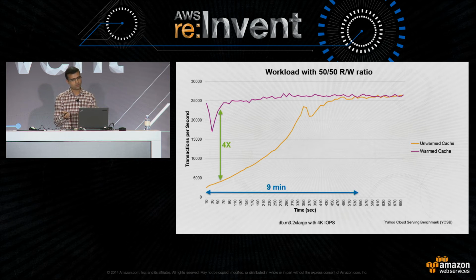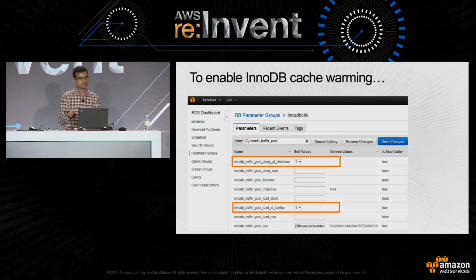The difference is about 4 times on average. Especially in the beginning, the performance of the unwarmed cache instance is substantially lower compared to the warmed cache instance. So this is something that you can use to get better performance after reboots.